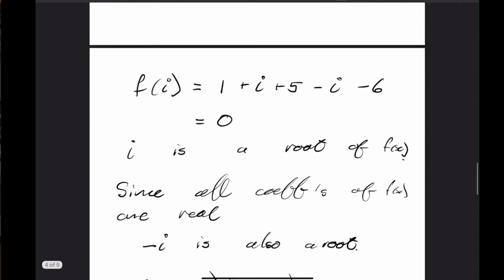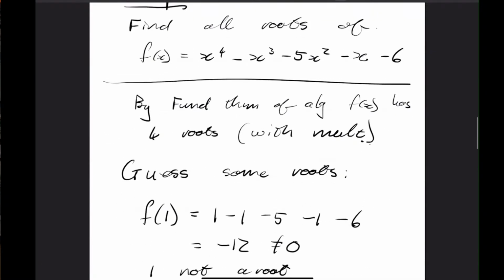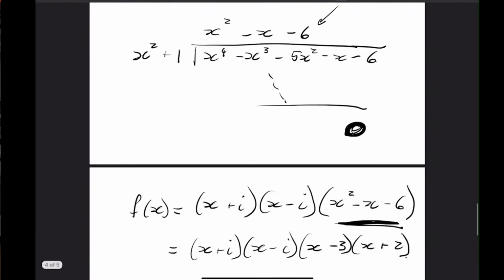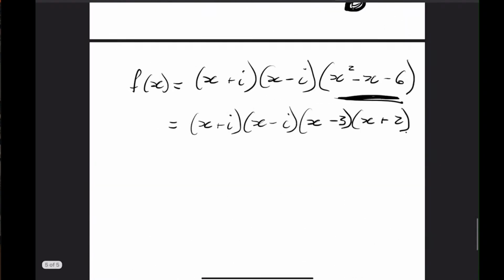And notice here, from the fundamental theorem of calculus, not calculus, of algebra, we're looking for 4 roots. And once we've factored our polynomial, we can read off what the roots are. So the roots of f of x are, and what are they?